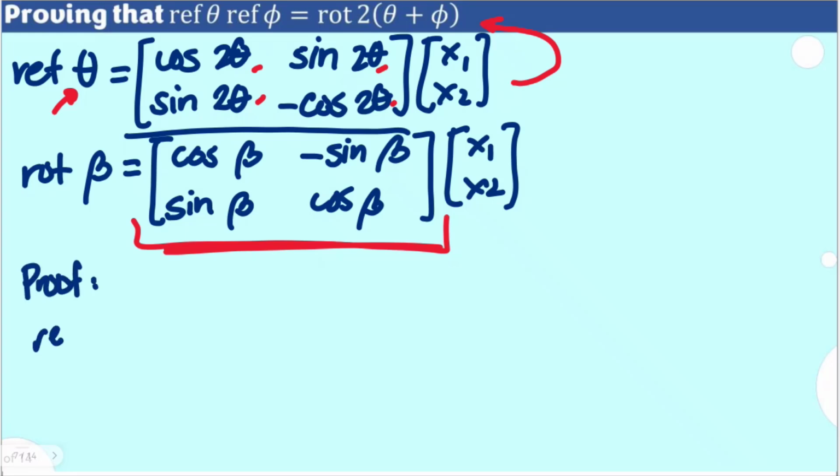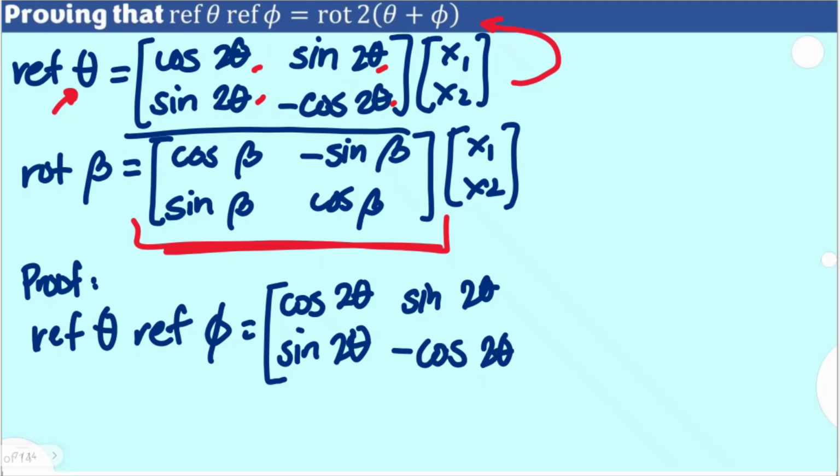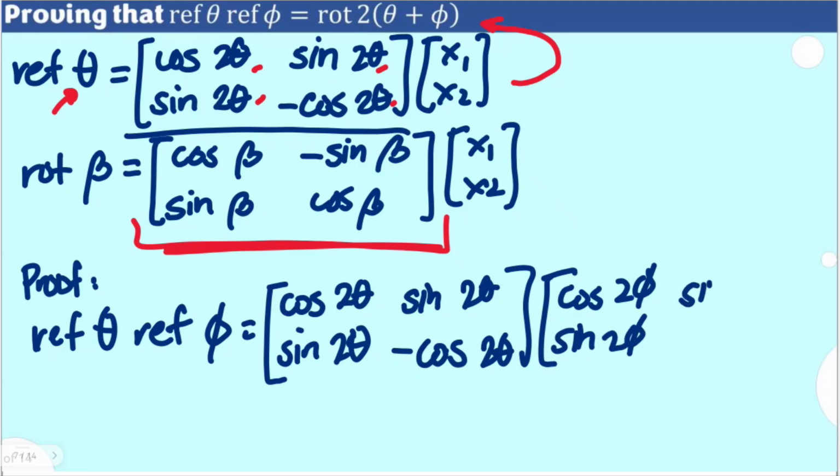So let's have the reflection of theta times the reflection of phi. So it's a product of two reflections. You have cosine twice theta, sine twice theta, sine twice theta, and negative cosine twice theta, to be multiplied with cosine twice phi, sine twice phi, sine twice phi, and negative cosine twice phi.